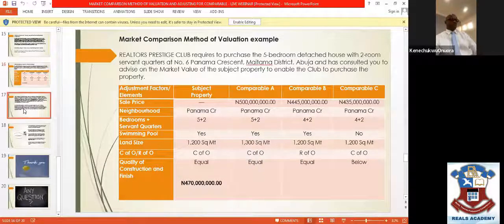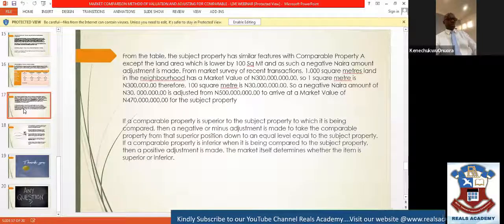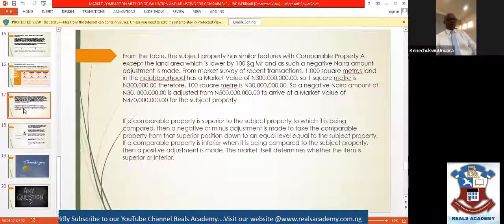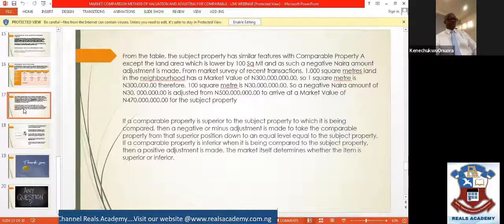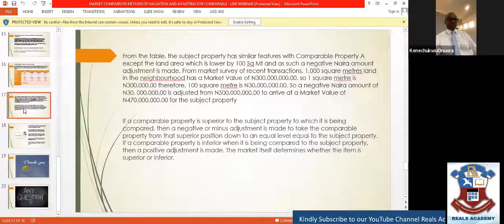So the subject property in terms of land size is inferior, or lower, to comparable A. So what we did here is to deduct that amount from the total sale price, so that we are able to come to a figure of 470 million naira.